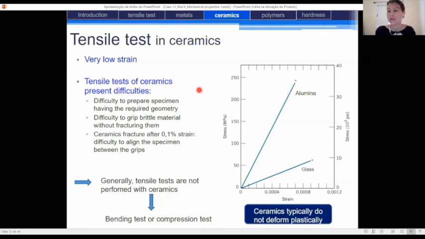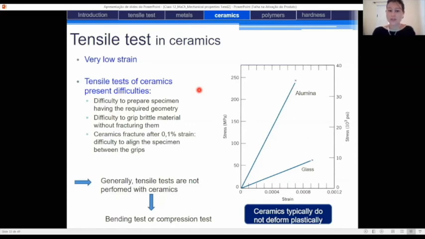So even before beginning the test, the material will break. It is very difficult to handle. And ceramics fracture at strain lower than 0.1%, which makes it very difficult to align the specimen between the grips without breaking it. So these three factors make the tensile test difficult for ceramics.